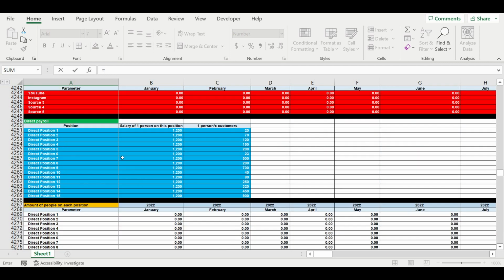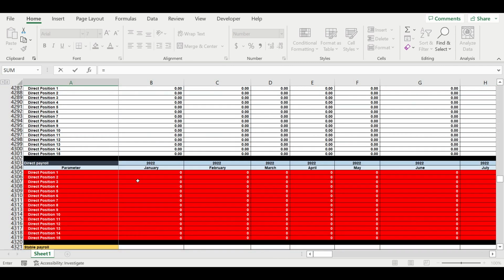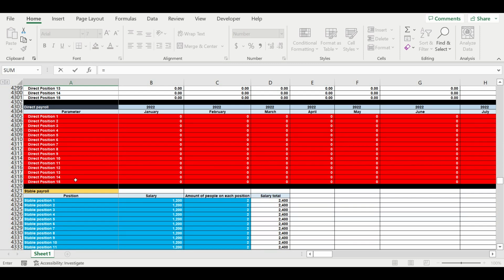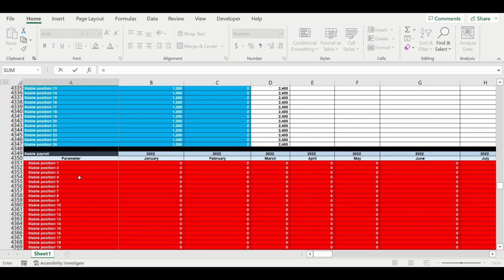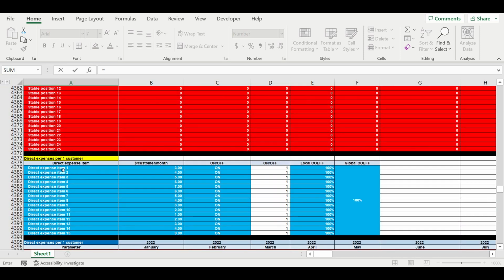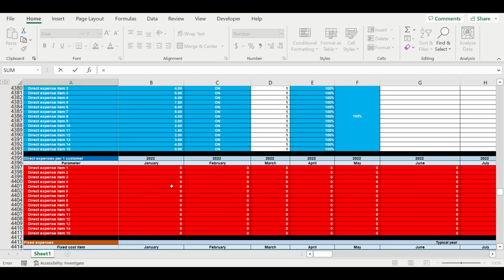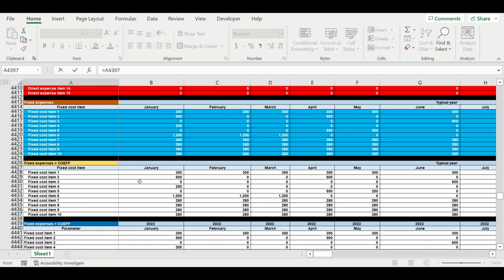Direct payroll we will place inside the payroll a little bit later. Direct expenses per one customer, so we have the direct expenses item, and we are adding these expenses.